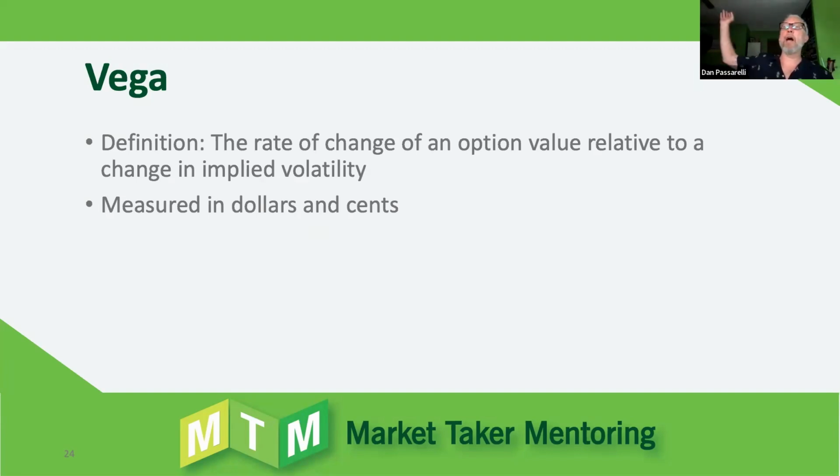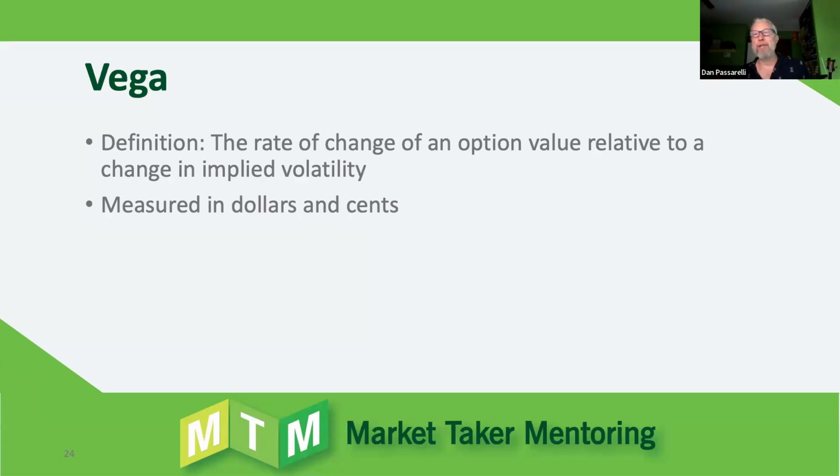Because a way far out of the money option on a $10 stock that has a couple days till expiration, that's not going to affect the price of it much at all. But a 6-month option that's right at the money on a $500 stock, a 1 point change in implied volatility is going to change that a lot.